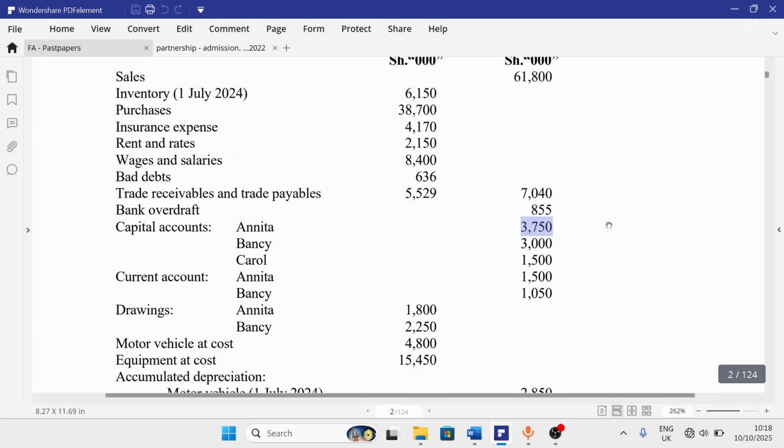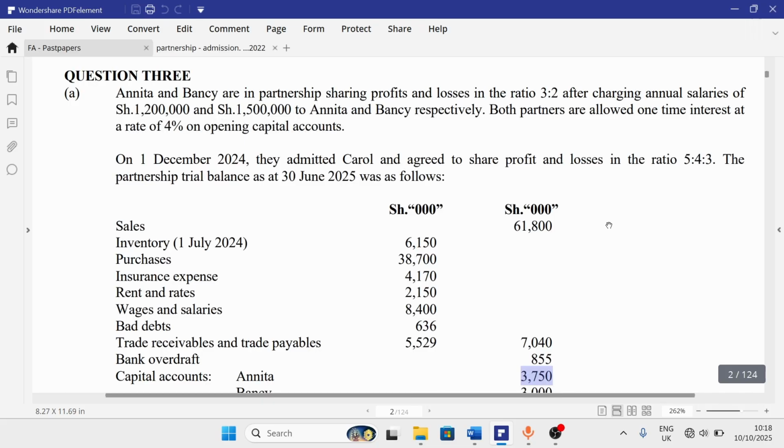And then the rate of interest. In the first paragraph, the last sentence, we were told that both partners are allowed one-time interest at a rate of 4% on opening capital accounts. So one-time interest means the interest is only paid in the first year just once, which means in the subsequent years they will not be paid interest on capital.